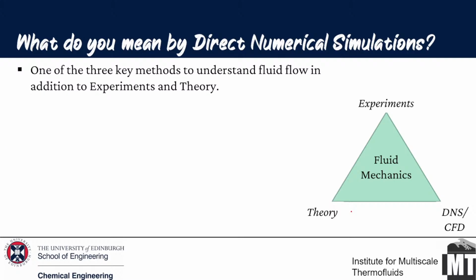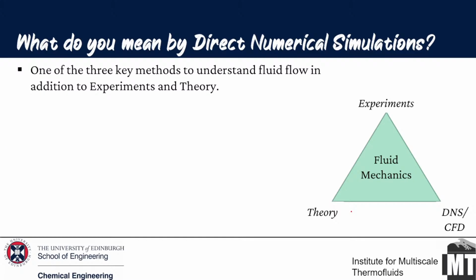Yeah, DNS is basically solving the pure governing equations, with no assumptions being made anywhere. You're not assuming that heat transfer is not there; you're solving everything as it is. In the case of turbulence modeling, we have some approximations, which is where you have Reynolds-averaged Navier-Stokes equations and all that.